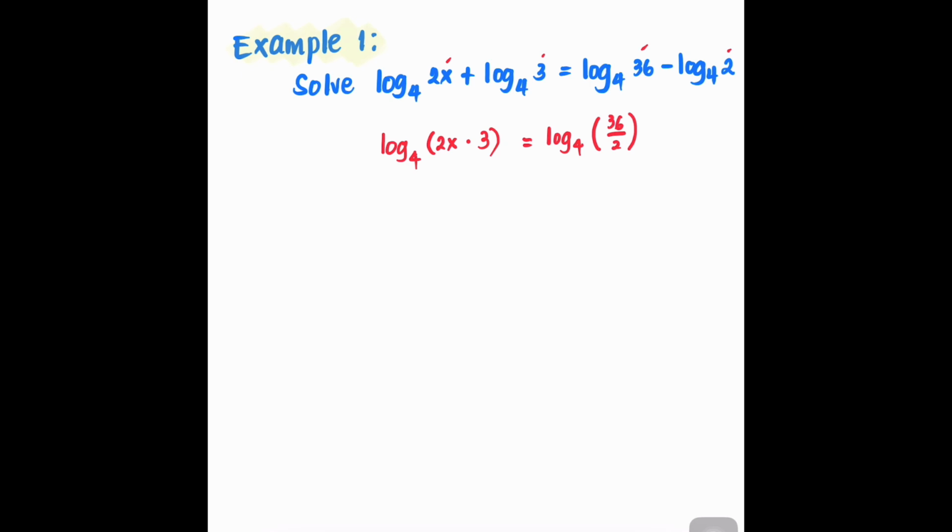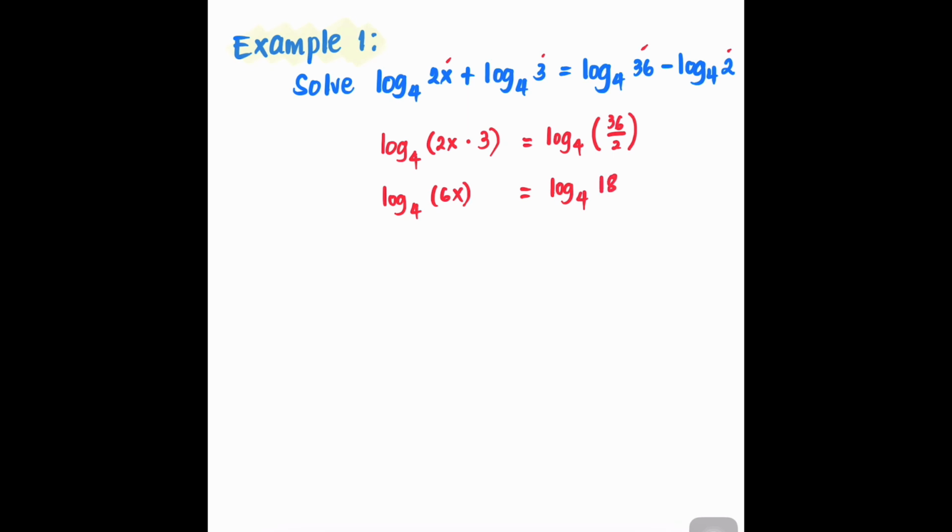And then we carry on simplifying. So log base 4, we have 2x times 3 is 6x, equals log base 4, 36 divided by 2 is 18.